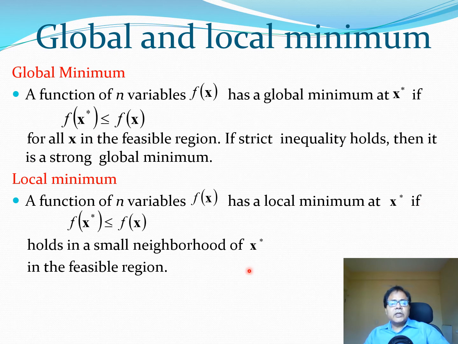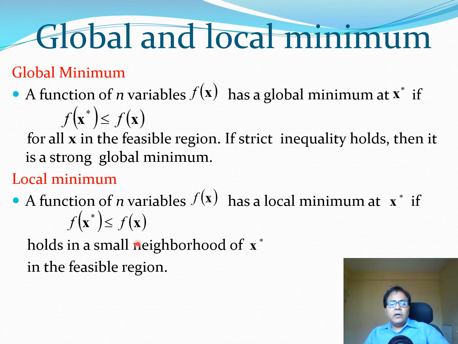Now we look at the concept of global minimum and local minimum. See, a function of n variables has a global minimum at x star if f of x star is less than f of x for all x in the feasible region. Now, if this is purely less than and no equal to sign is there, then it is a strong global minimum.